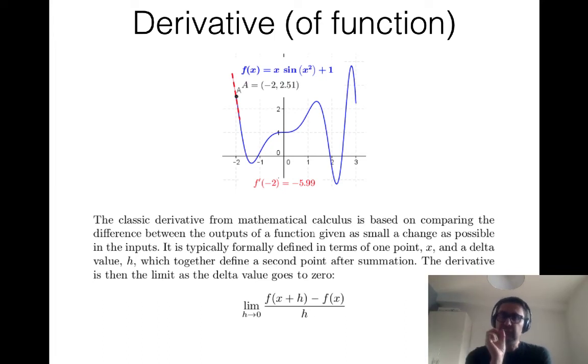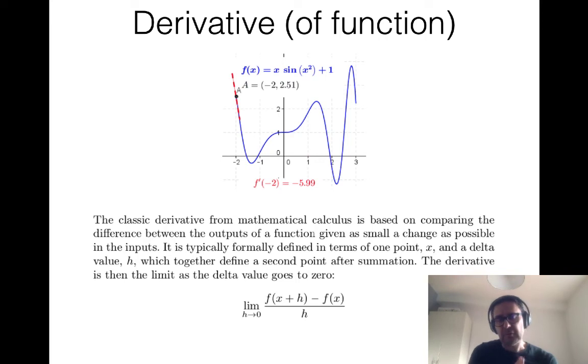What was the original output here? And then we divide by this small delta. So if we make delta smaller and smaller and smaller, we're going to get a derivative in that point, which is basically how much is the change in this point, A in this case here.